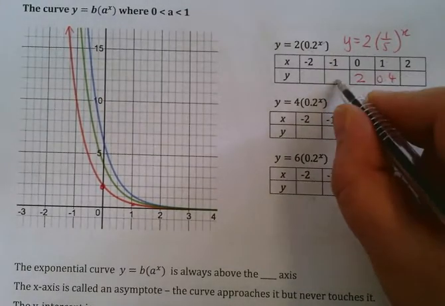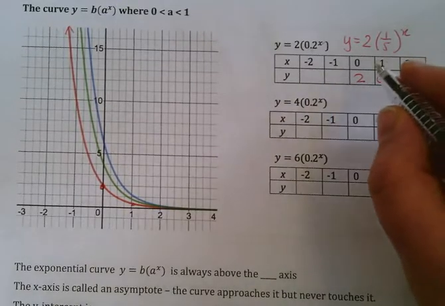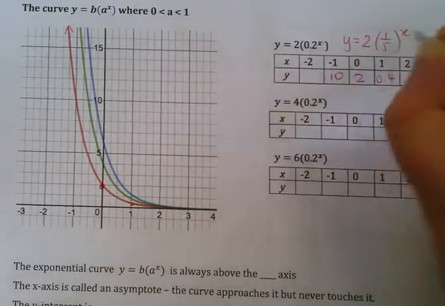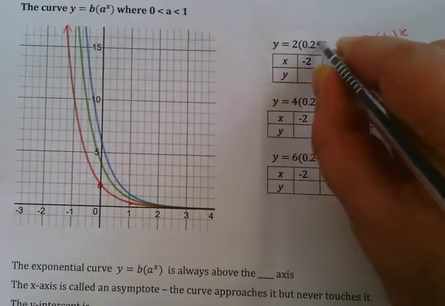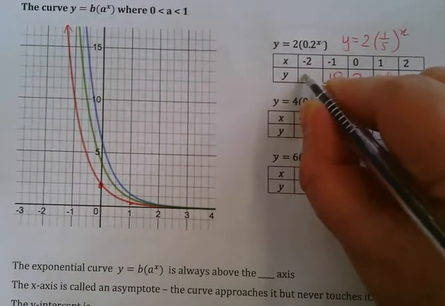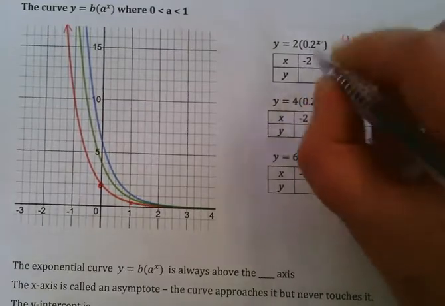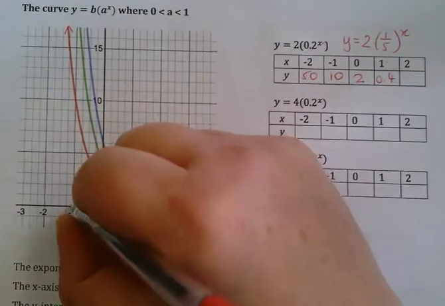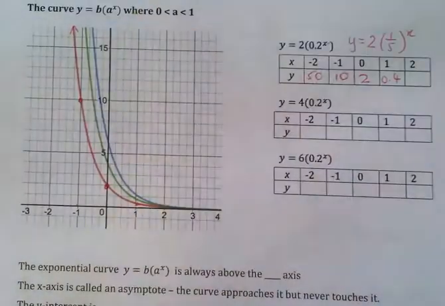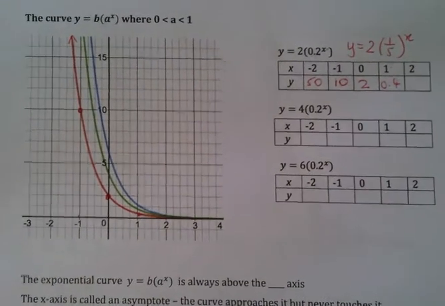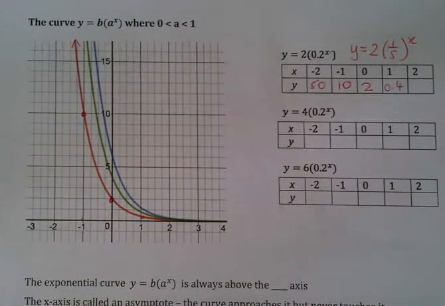So when x is -1, you get 10. When x is -2, you get 50. So the red curve is 2 times 1/5 to the power of x. And we can fill in the other curves now.